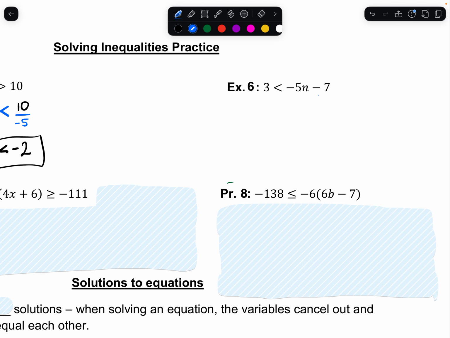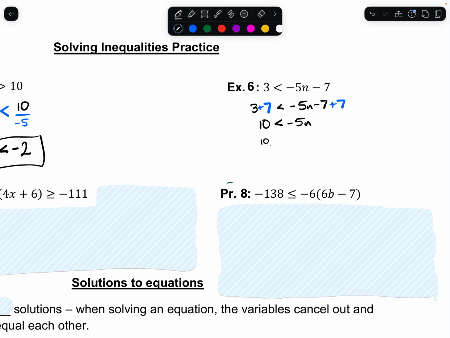Let's go ahead and we'll take our inequality, and we're going to add 7 to both sides. That's allowed. You can add any number you want to both sides of an inequality, and that less than will stay a less than. When we combine our like terms, 3 plus 7 is 10. Negative 5n, and then negative 7 plus 7 is 0, so I'm not going to write anything.